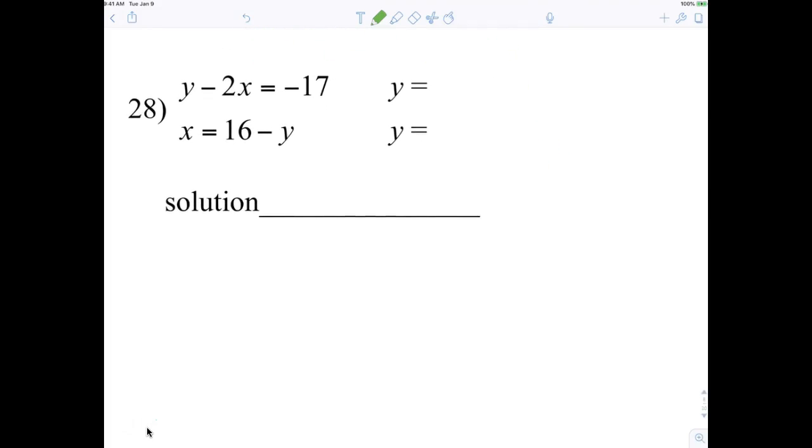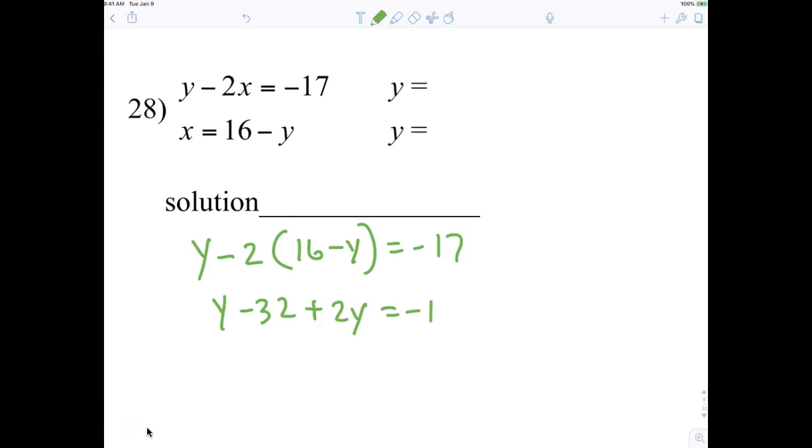This is a good what type of problem? Substitution again. So here we go. Y minus 2, open parentheses, 16 minus y, equals negative 17. So now y minus 32 plus 2y equals negative 17.